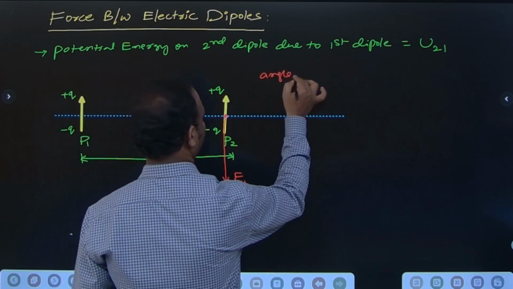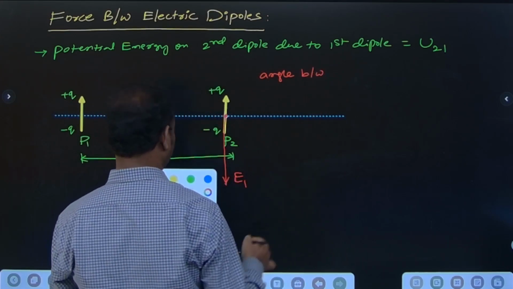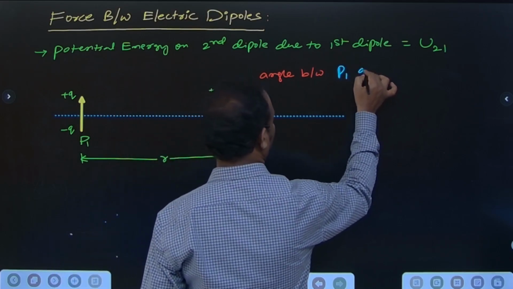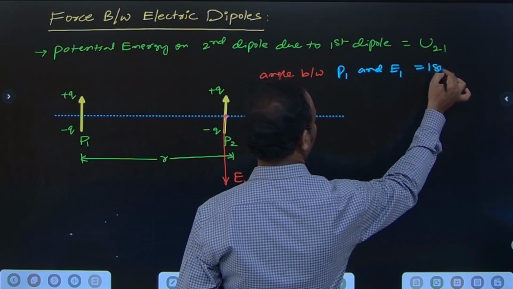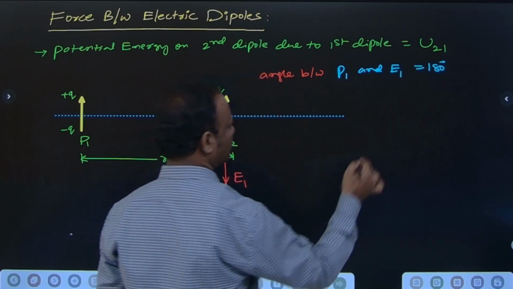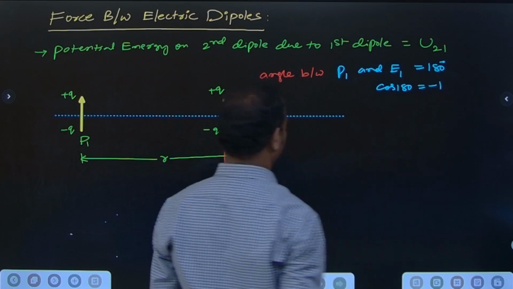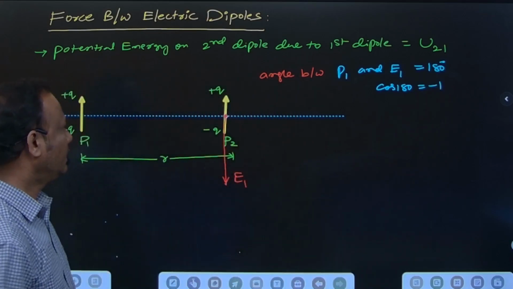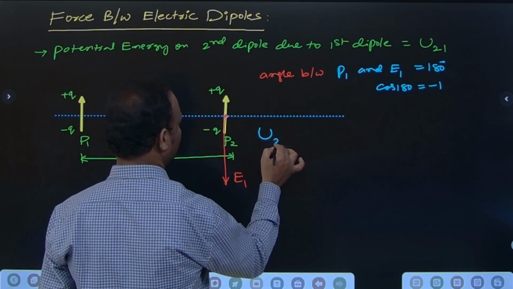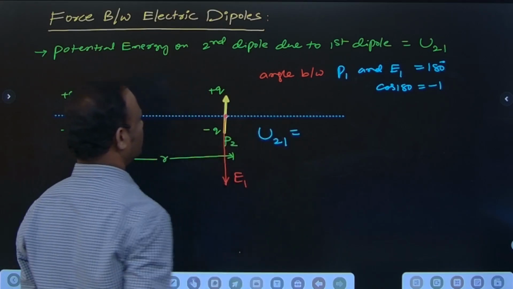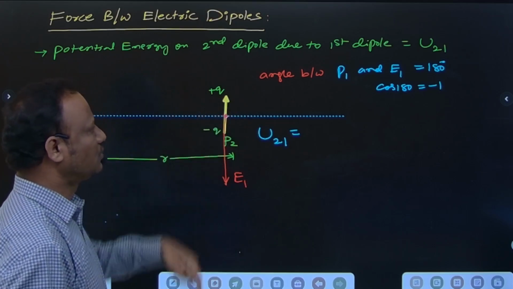So the angle between P1 and E1 is 180, and you know cos 180 value is minus 1. Now I am writing the interaction energy. U21 is the electric potential energy on the second dipole due to the first one.